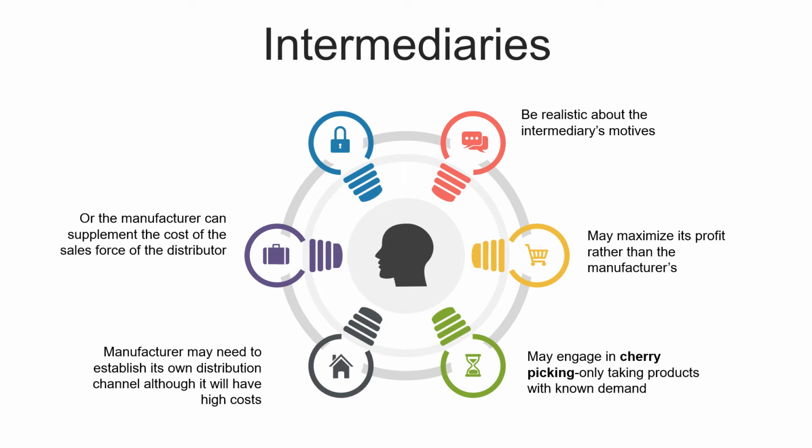So these agents, sometimes even intermediaries, engage in cherry picking, the practice of accepting orders only from manufacturers with established demand for a certain product and brand. Cherry picking can also take the form of selecting only a few choice items from the vendor's product line.